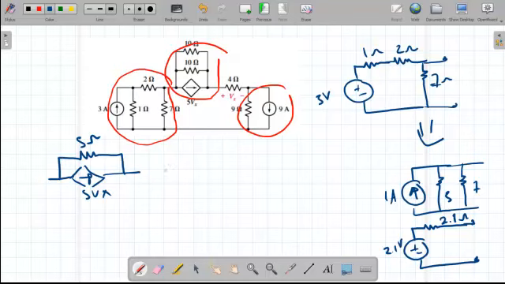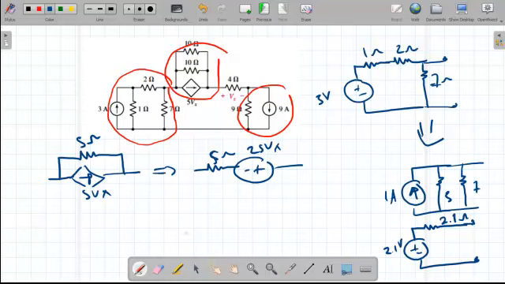The 4 ohm we cannot approach it. So this becomes a 5 ohm resistor in series with a voltage source, 5 times 5 equal 25 Vx. This one is easy, just 9 ohm times 9, which is equal 81 volt.